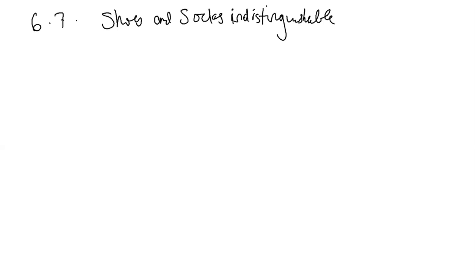The point is I put a sock or I put a shoe on the leg. Now the legs, of course, are distinguishable. They're different colors. This is the kind of indicator I was talking about. Being able to immediately recognize distinguishable versus indistinguishable is very important for solving a question.